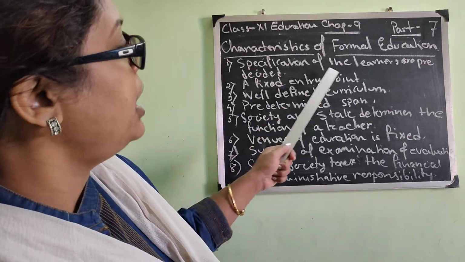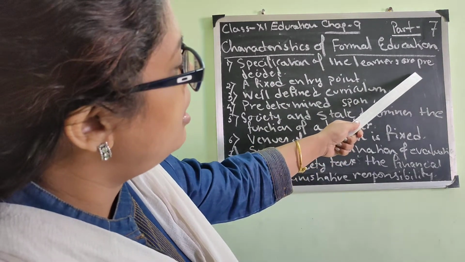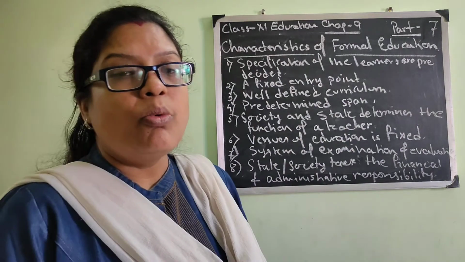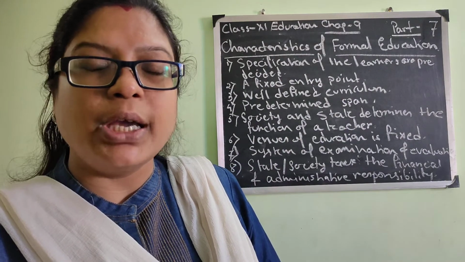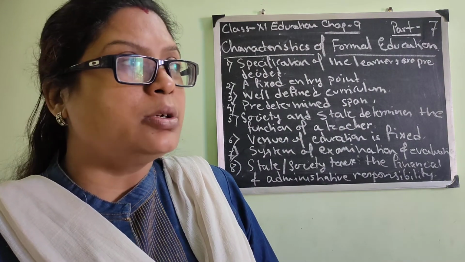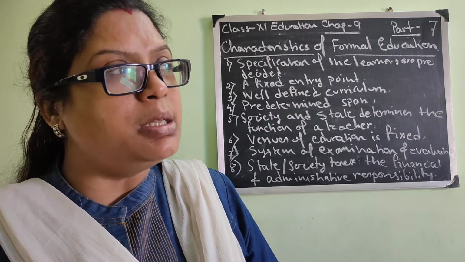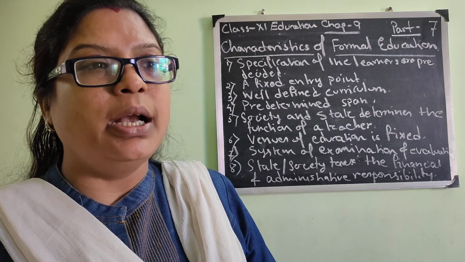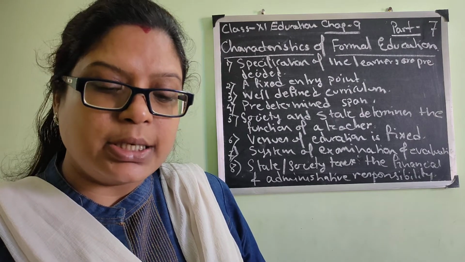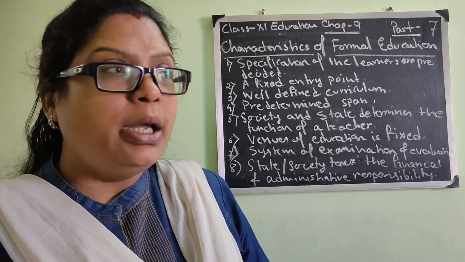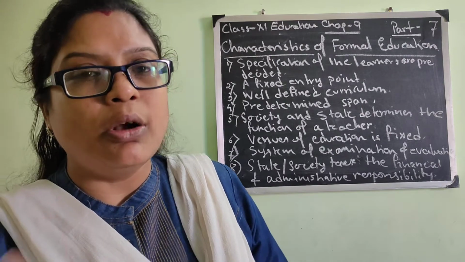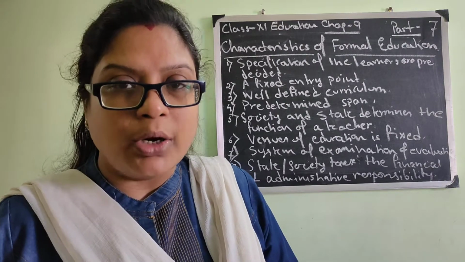Number one, specification of the learners is pre-decided. So what can be the specification of the learner? That in what age what you will learn, isn't it? The specification means it is specified about the learner that in this age you will enter and in this age you will leave. At the age of 15 you cannot enter class 1 or 2, isn't it?